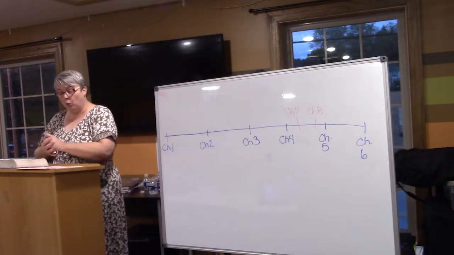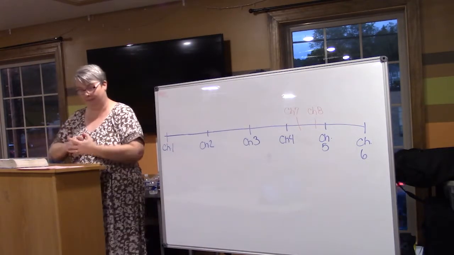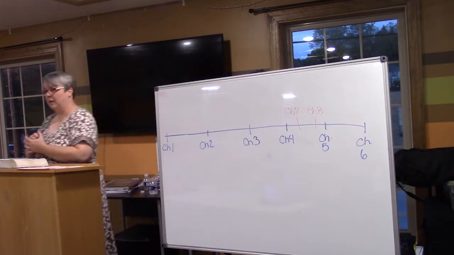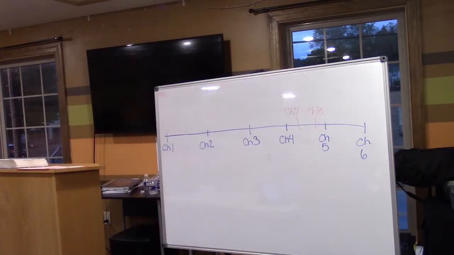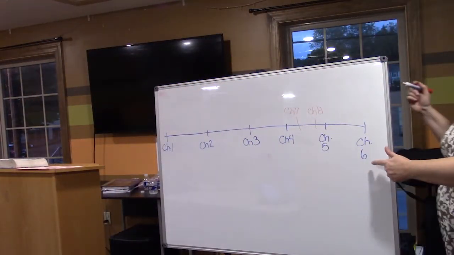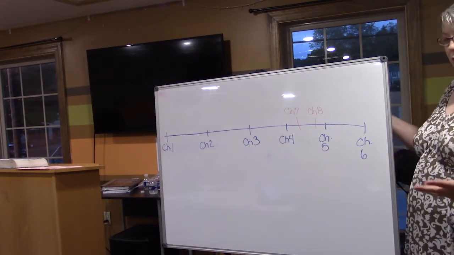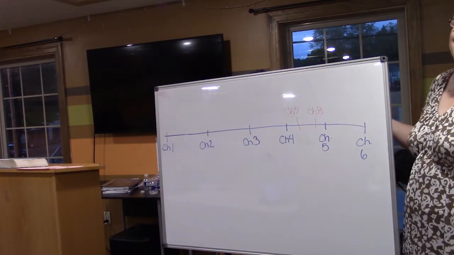So where would chapter 9 fit in then on our timeline? Belshazzar died, so between 5 and 6 is where it would have to be, because at the end of chapter 5 it said, and Darius the Mede took over. So we don't know where in the 1st year it was.